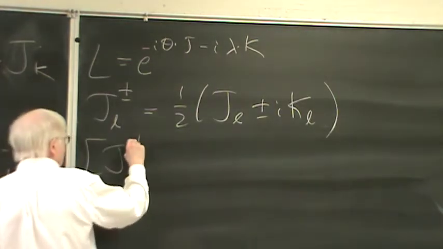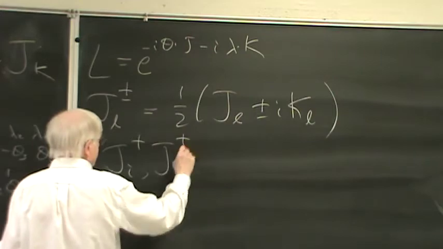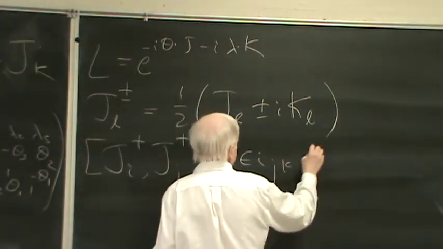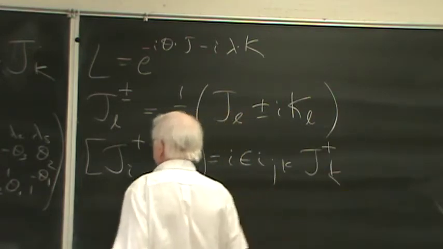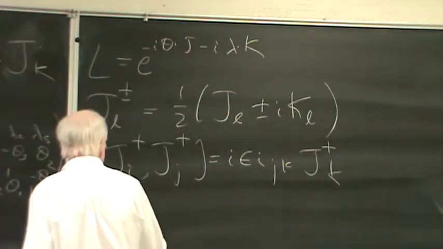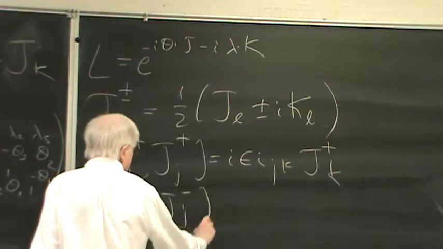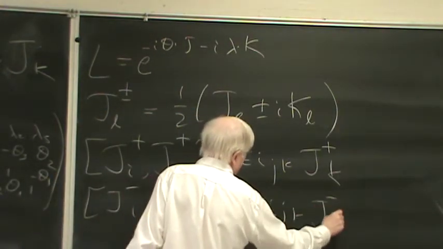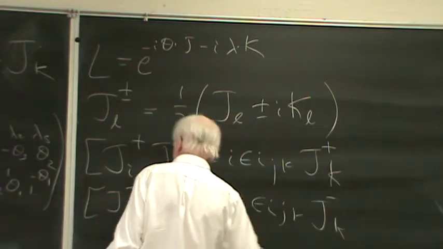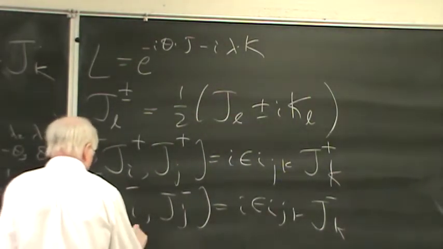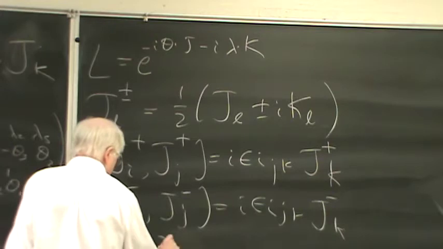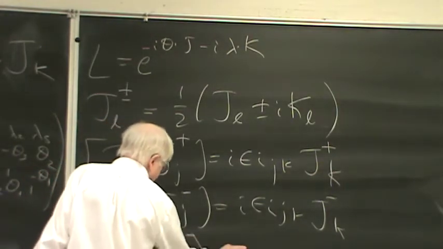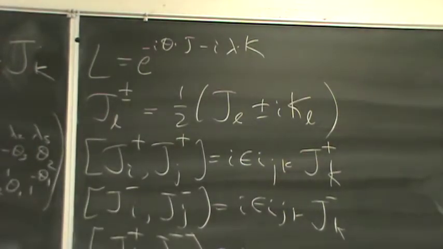You then get [J_plus_i, J_plus_j] = i epsilon_ijk J_plus_k. You then get [J_minus_i, J_minus_j] = i epsilon_ijk J_minus_k. And then the one that is magical is [J_plus_i, J_minus_j] = 0.